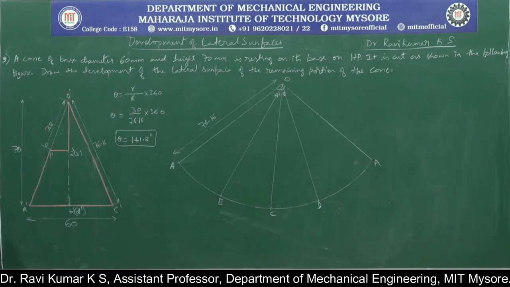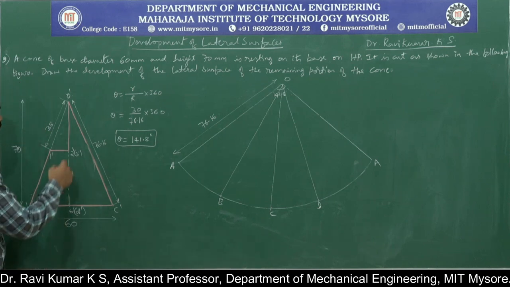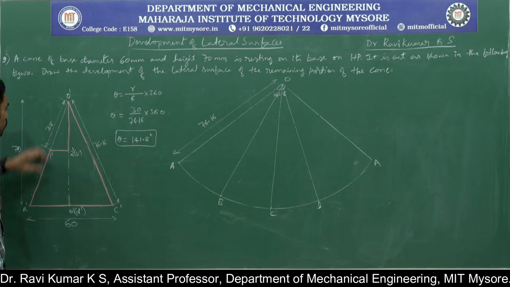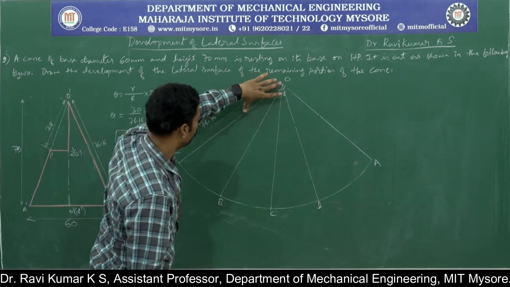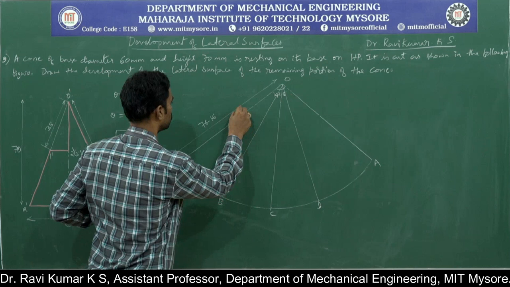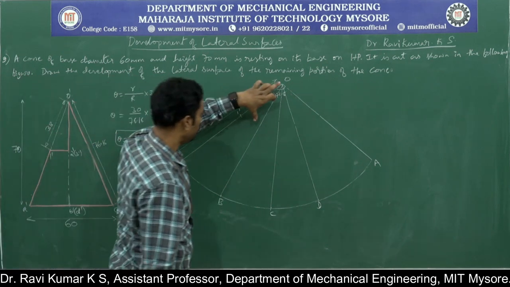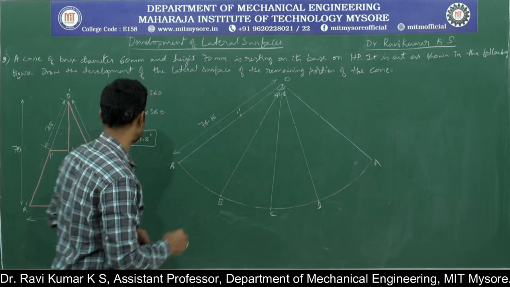Now you need to mark the points. Also look here, this is not a true length, so you need to transfer this distance to here. Select the distance O to 1, this is 1 dash. Similarly O to 2, B, this is 2 dash.